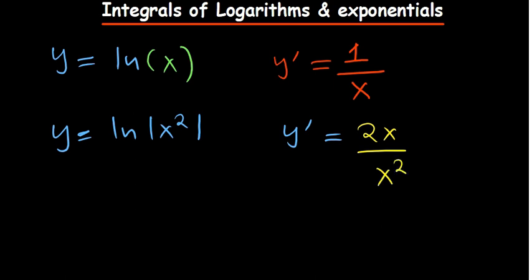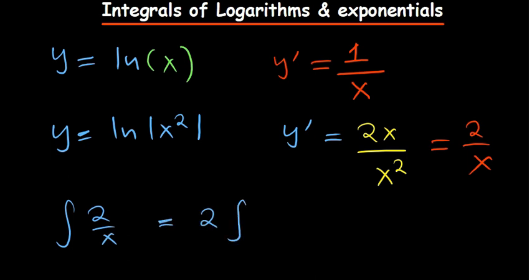Okay, so what do we expect in this case? Our y prime will reduce to, the x is common, so I have a 2 over x. So the opposite there is the derivative of 2 over x. We can pull out the constant so that we have 2 and then the integral of 1 over x. Now the integral of 1 over x is what?